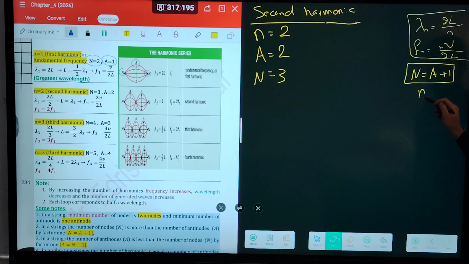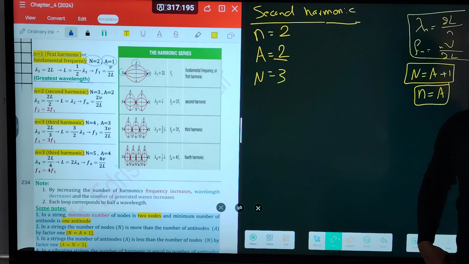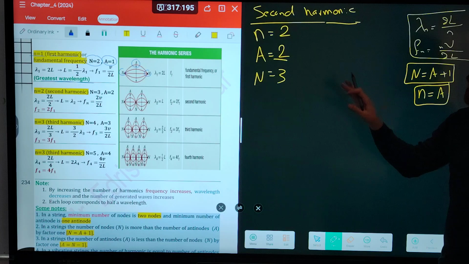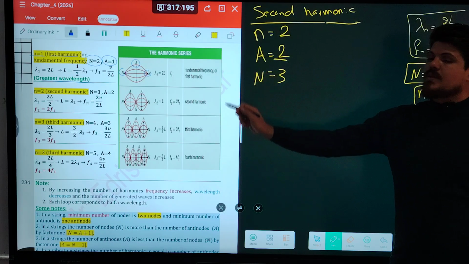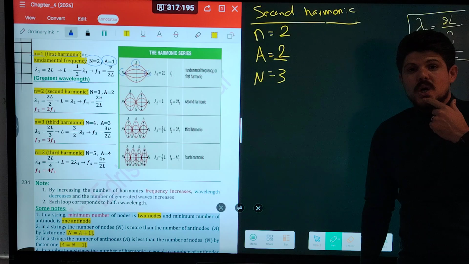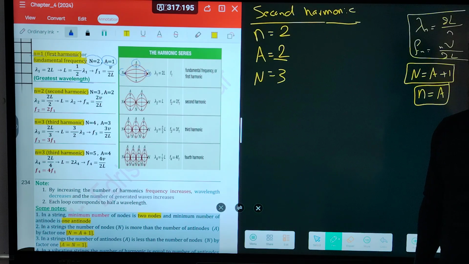And number of harmonics always equal to number of antinodes. How many antinodes do we have? 2. Can we say this is second harmonic, N is equal to 2? Yes. In a vibrating string, which of the following determines the number of harmonic? Number of antinodes. Number of antinodes determines the number of harmonic in a standing wave for string.